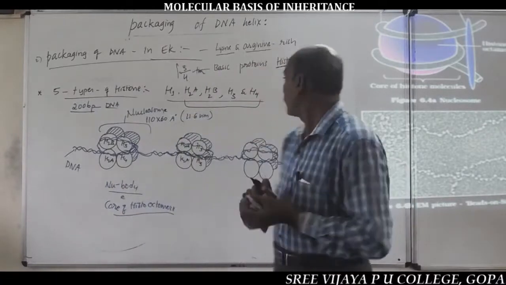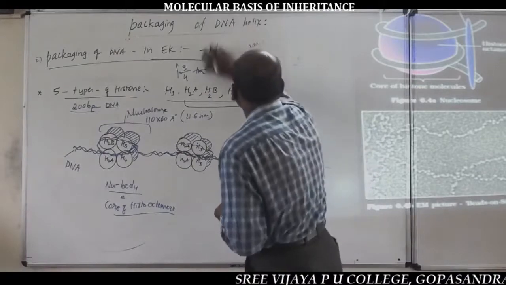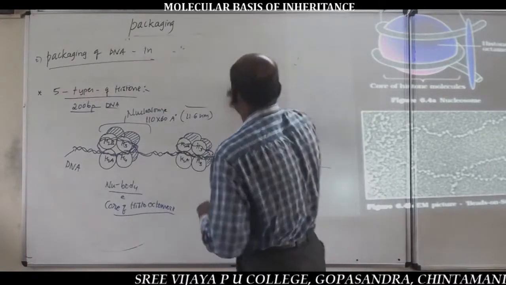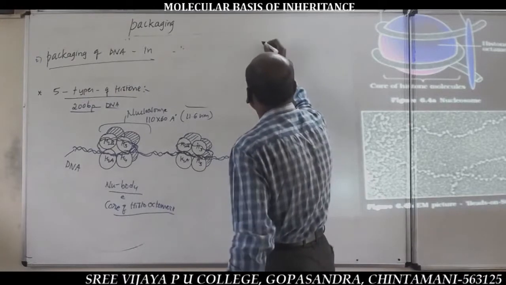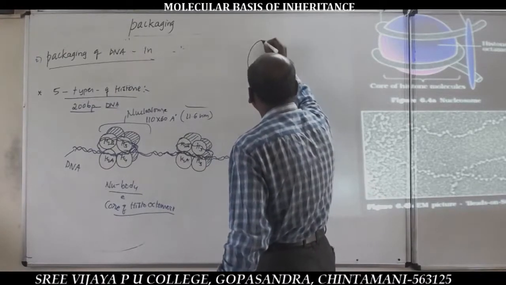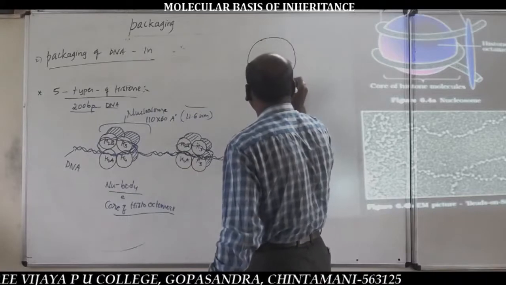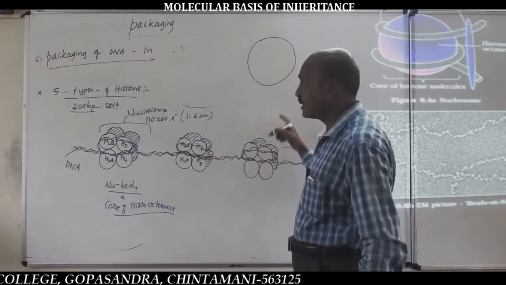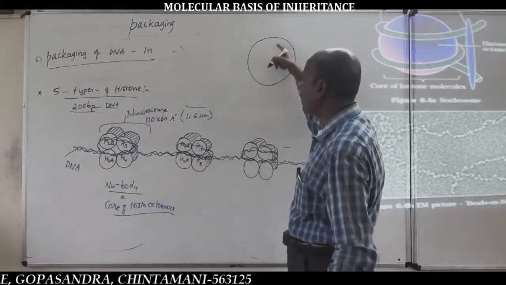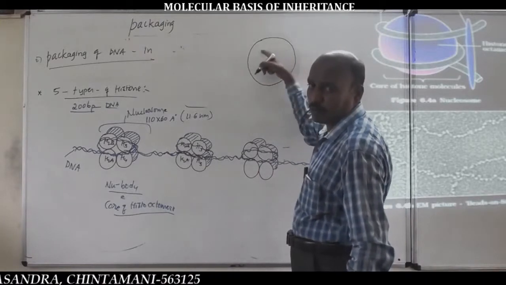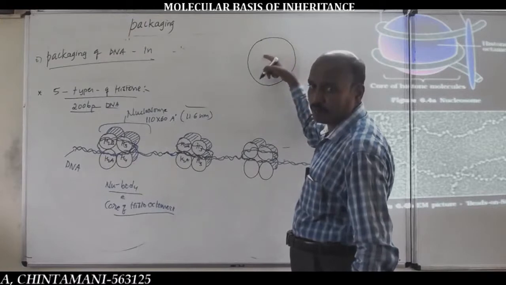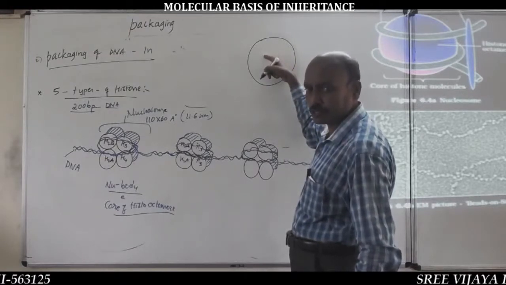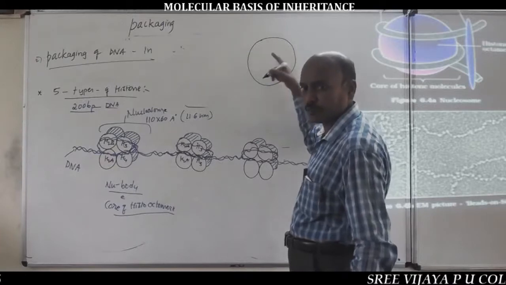Now, this is our NCERT diagram mentioned in our NCERT text material. This is a ball-like histone octamer formed by fusion of 8 histone proteins, but 4 types: H2A, H2B, H3, and H4.